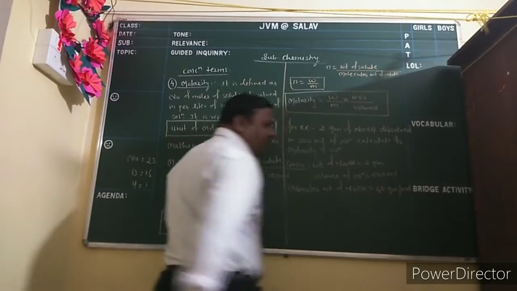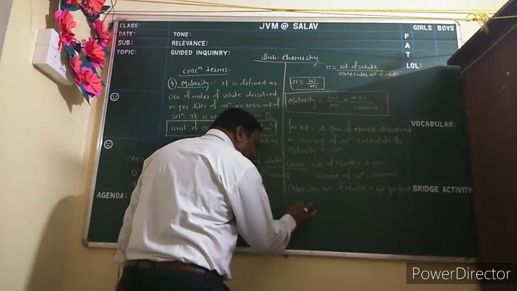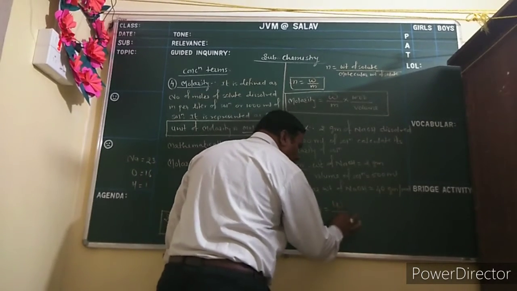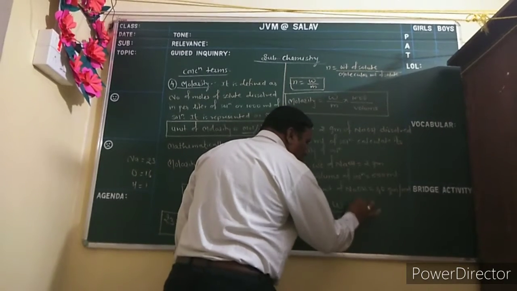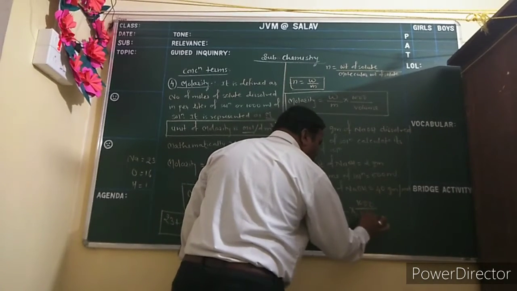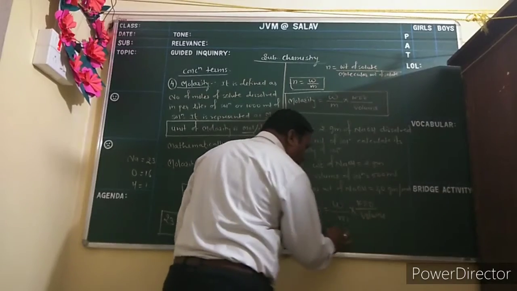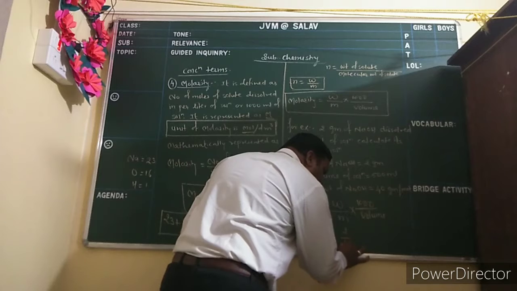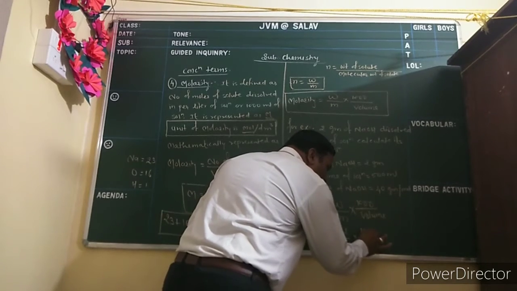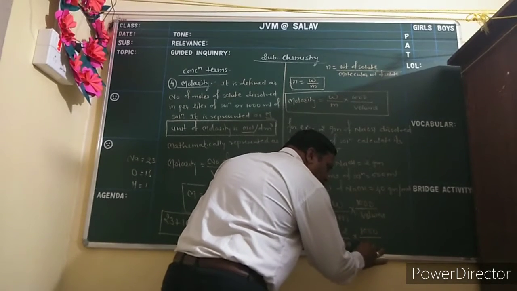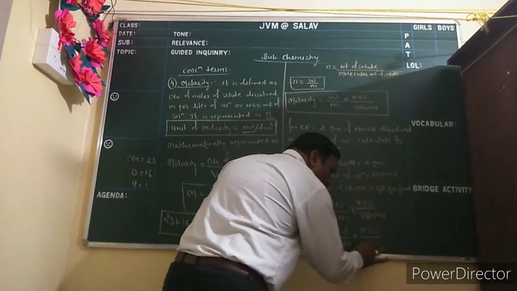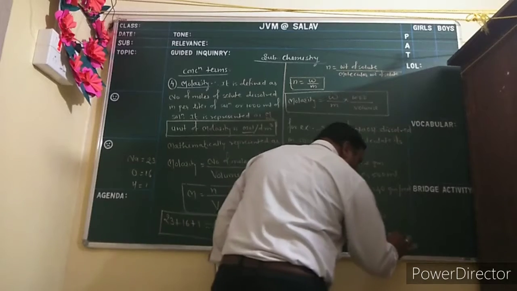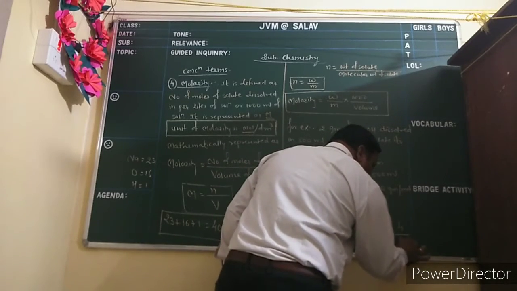Is it clear? Then molarity is equal to small w upon small m into 1000 upon volume. Put the values in the formula, that is 2 upon 40 into 1000 upon 500. 1000 upon 500, so you will get 4 upon 40.